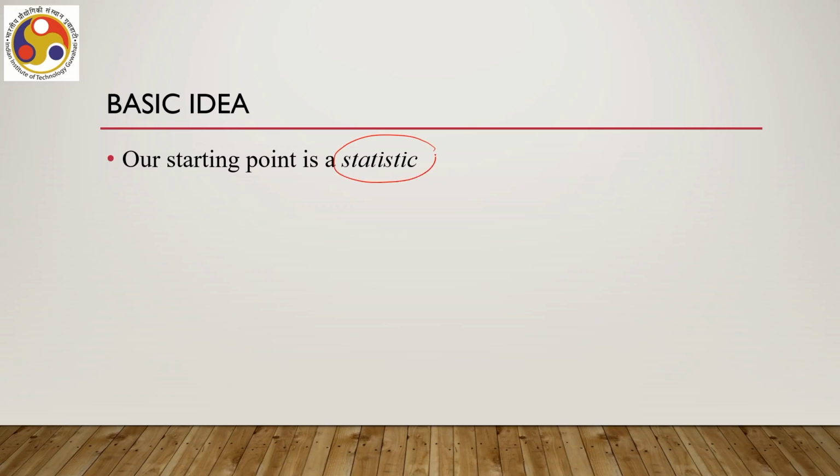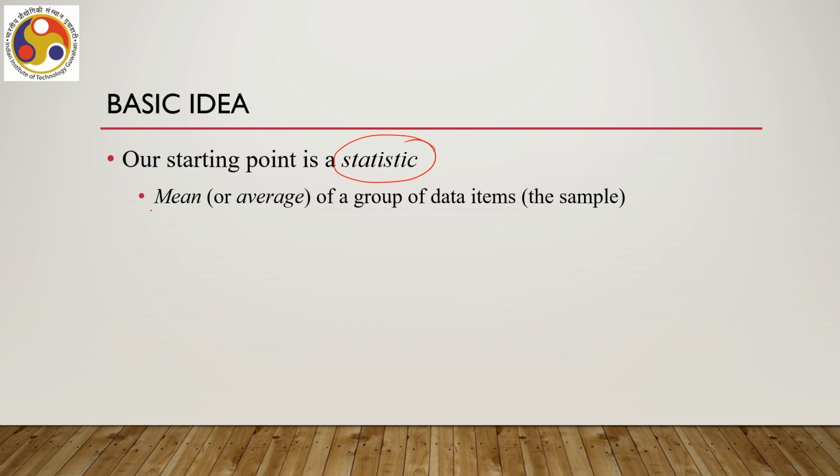Although we are collecting data only from a limited set of 5 users, we want to draw conclusions for any user for any text entry interface. So, our starting point is a statistic, that is the processed data. We start with the mean or average of a group of data items, that is the sample.